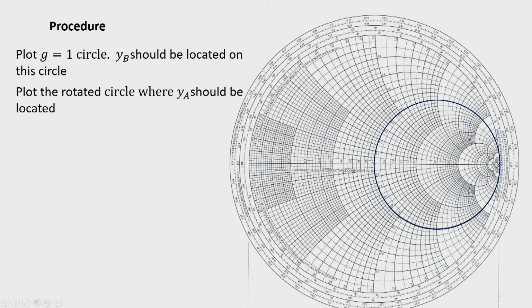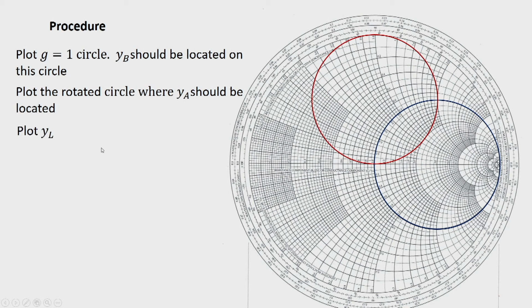We have seen that it is to be rotated counterclockwise by 4πd/λ. Here we are considering an example where d is equal to λ/8. Therefore, this circle has been rotated by π/2.